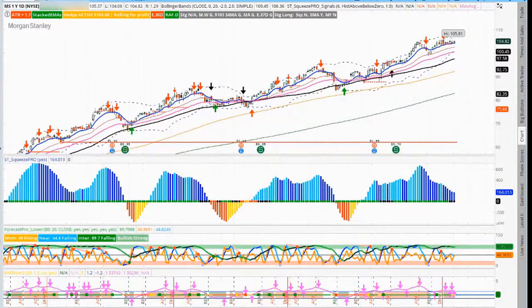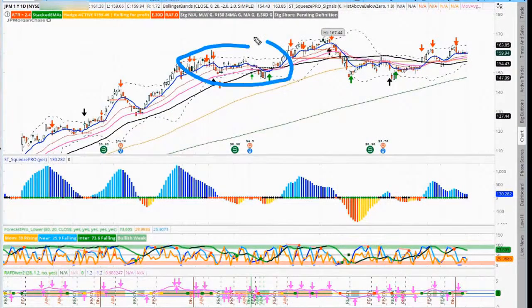So let's go look at some more charts. Look at this period right here. So you had green to black, right? Because what's happening is the volatility is starting to contract. And so when it goes from green to black, it's telling you, hey, we're about to take a break for a period of time. Get ready. And then it goes from black to red, right? So it's getting smaller.